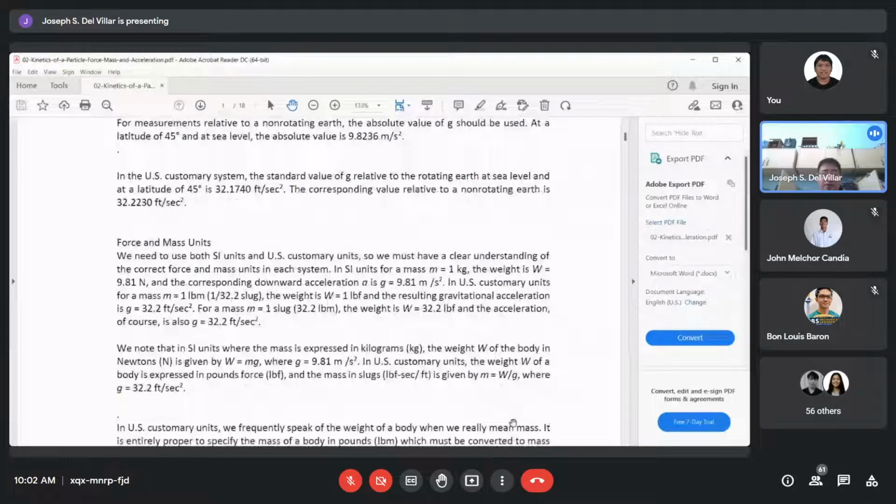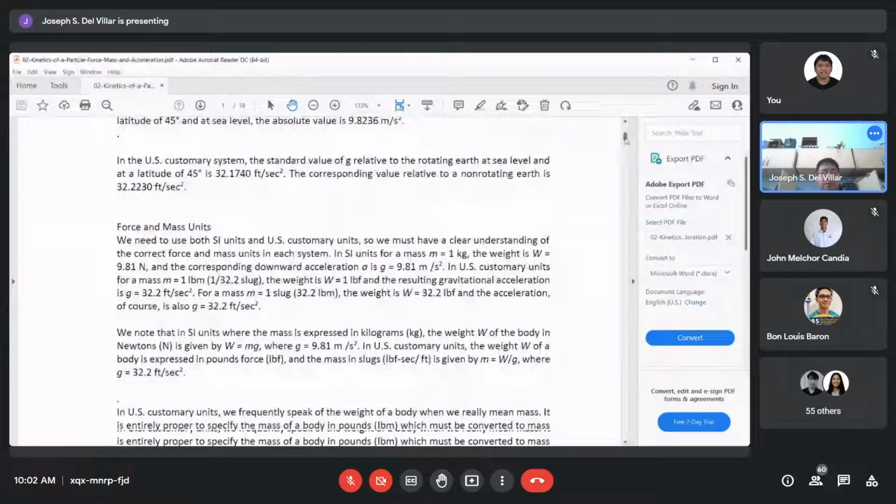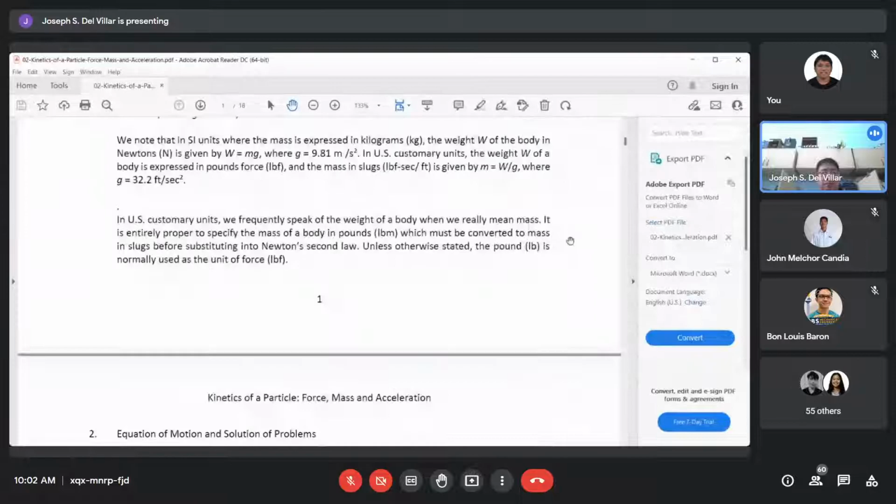So mass is in terms of kilograms, weight is in terms of newtons, wherein weight is equal to mass times gravity. Force, so the subscript F should be used.